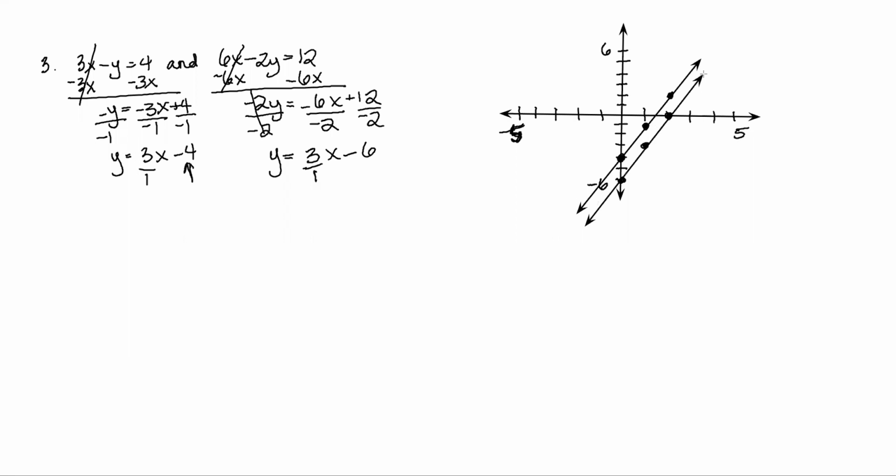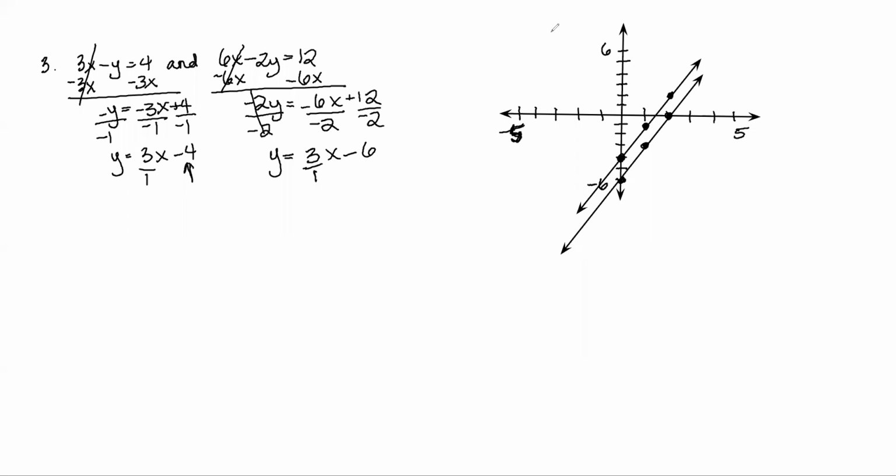But if we go through those 3 points, if you notice, there's no intersection. And if we were to extend this even more, we're still not going to have an intersection of these 2 lines because they have the same slope, which means they are parallel lines.